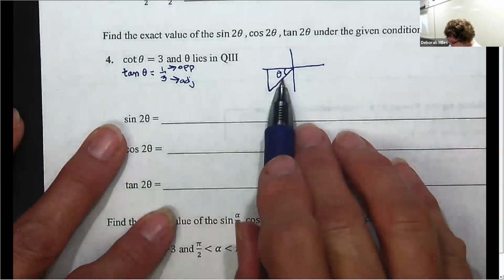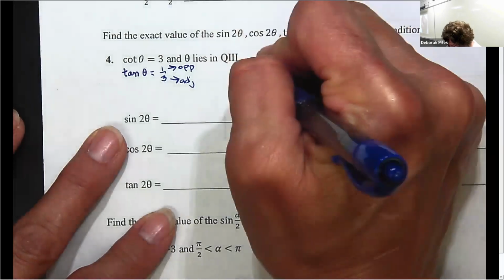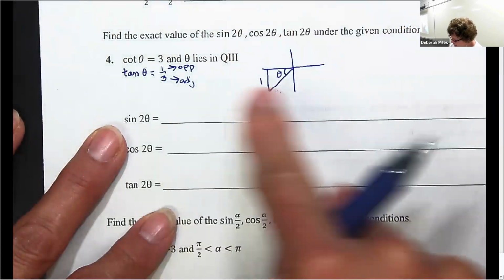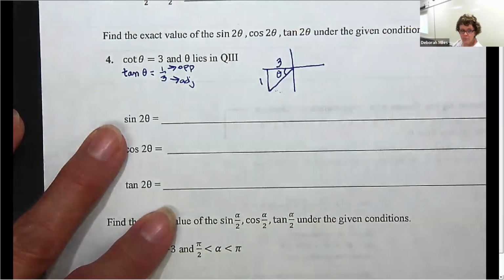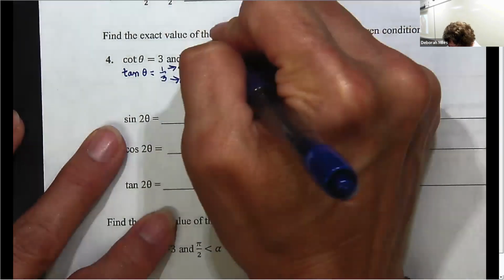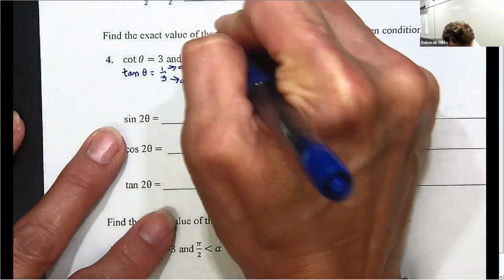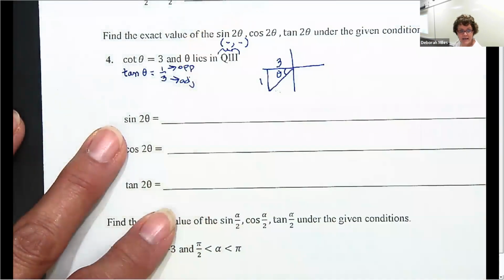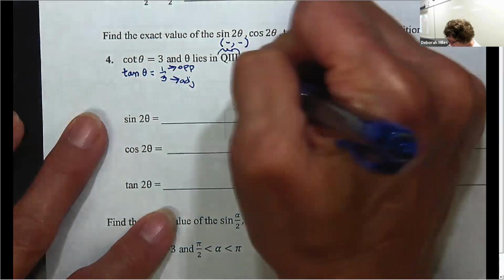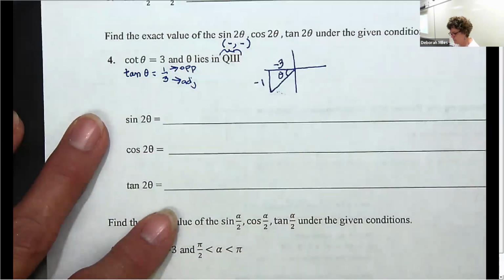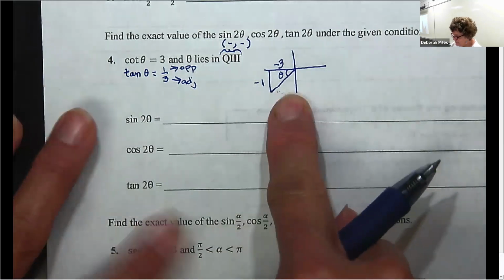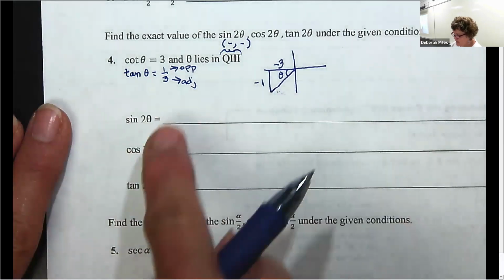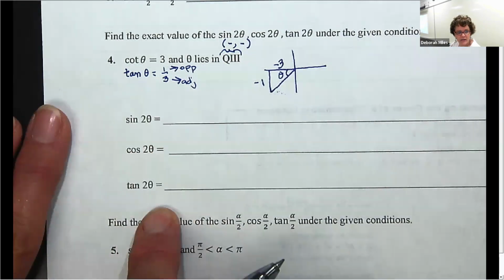The side opposite theta is 1, the side adjacent to theta is 3. But what's important to remember right here? Yes, quadrant 3, both my X and my Y are negative. So this is -1 and -3. That's all I need to find the sine of 2 theta, cosine of 2 theta, and tangent 2 theta.